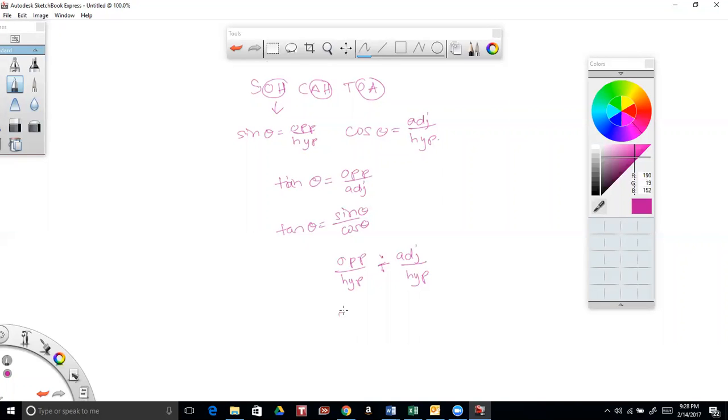So basically you have opposite over hypotenuse times hypotenuse over adjacent. And so what does that give you? We have the opposite over the adjacent. So that's just a check for you. That's showing you the relationship of sine and cosine with tangent. The same thing can be done with cosecant, secant, and cotangent. All right, so just wanted to make sure you're aware of that.